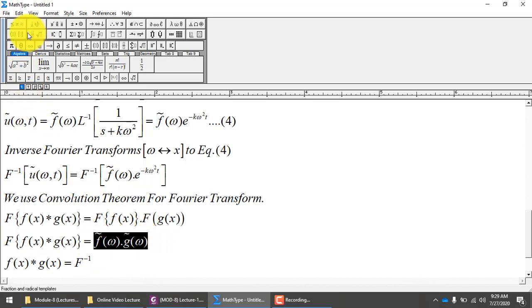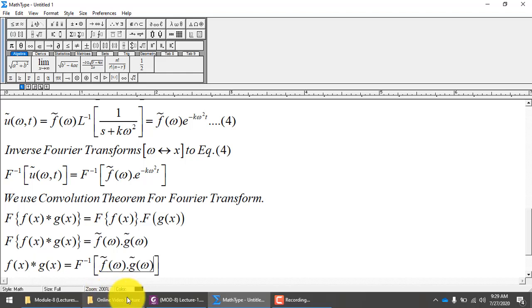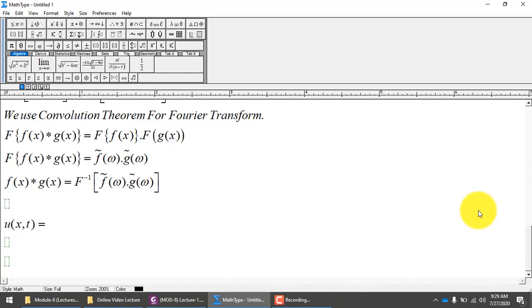So the total answer will be this. You understand now what the Fourier inverse of the product of two Fourier transformed things is. That will be the Fourier inverse of f tilde, which has the name f of x, the Fourier inverse of g tilde, which has the name g of x, and the total will have the convolution.